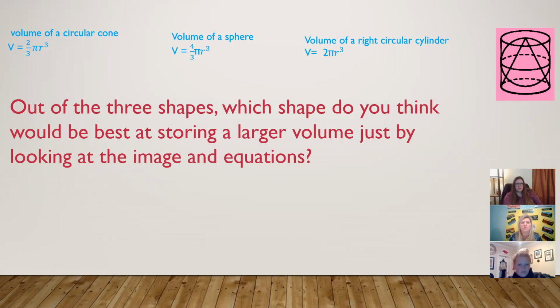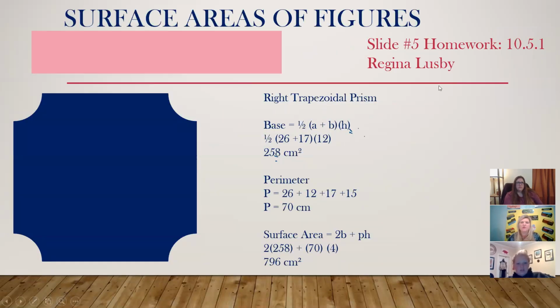But another way of looking at these is they all have the similarity of pi r cubed in their equation, but the circular cone, which I think is actually supposed to be 1/3, has 1/3, and this is 1 1/3 in front of the equation. This one has a full 2, so that's how you could tell that this one's going to be bigger and store a larger amount of volume. Okay. Yeah. Okay. Good job.